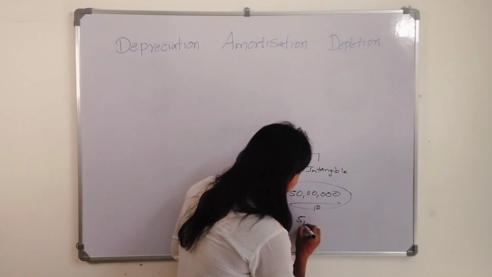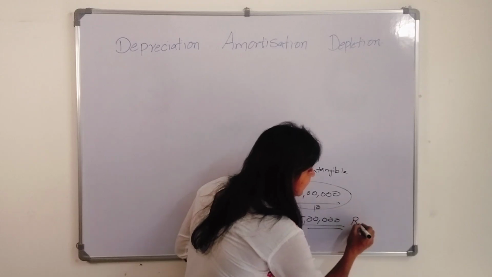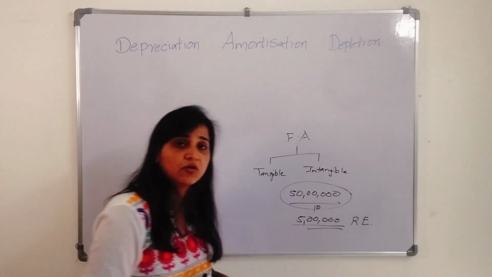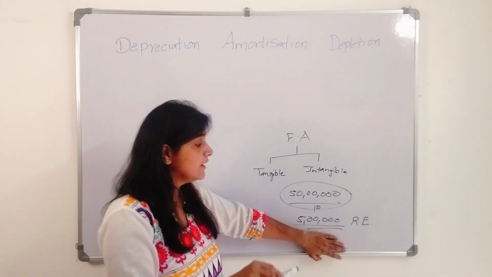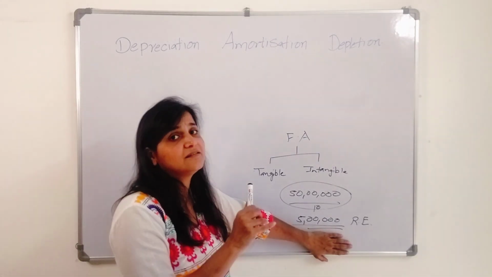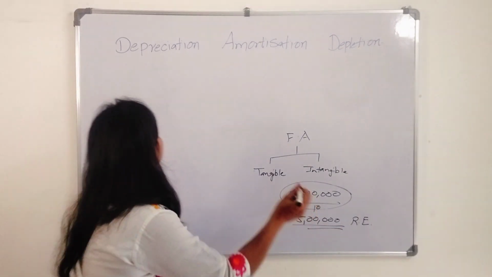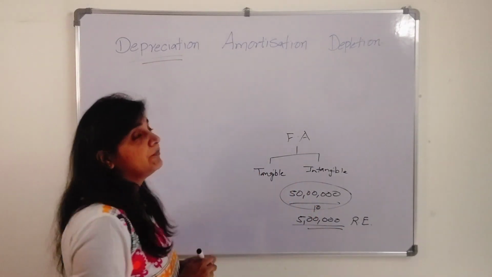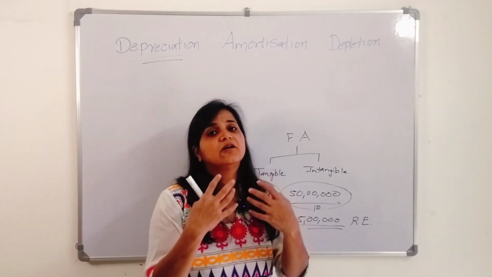So for the current year, I can charge 5 lakh as my revenue expense, because this machinery is giving me a benefit in the current year. So this 5 lakh I can consider as my revenue expense. Now what is this 5 lakh called? This 5 lakh is called depreciation. The machinery depreciated because of this use.